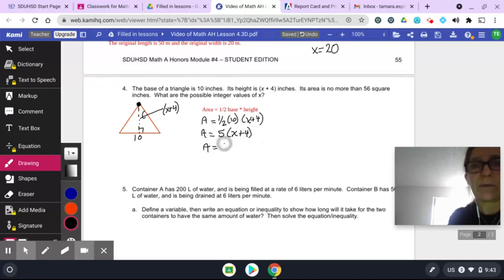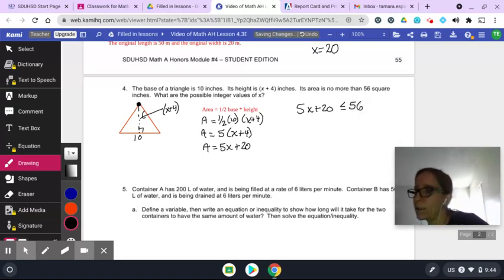A is equal to 5x plus 20. Okay, so the area is 5x plus 20. Its area, 5x plus 20, is no more than, that means less than or equal to, 56. I have my inequality.